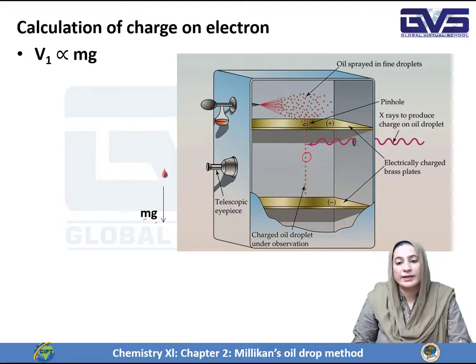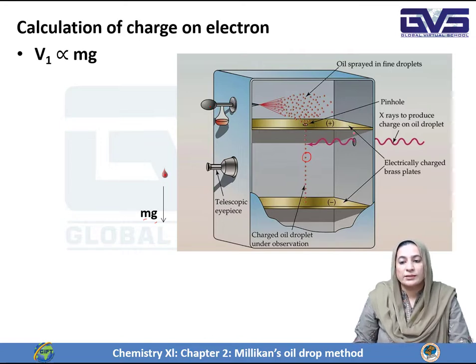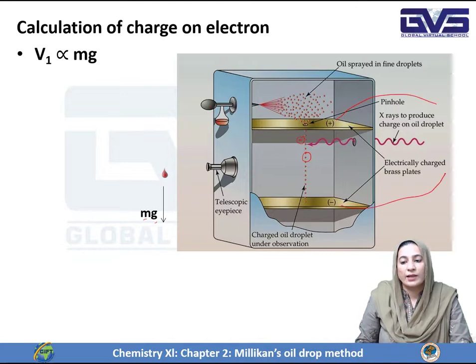But what did R.A. Millikan do next? He sprayed X-rays on these droplets, and these droplets get charged. They take the electrons from these X-rays and they become negatively charged, and he turned on this battery, this source, this electric field.